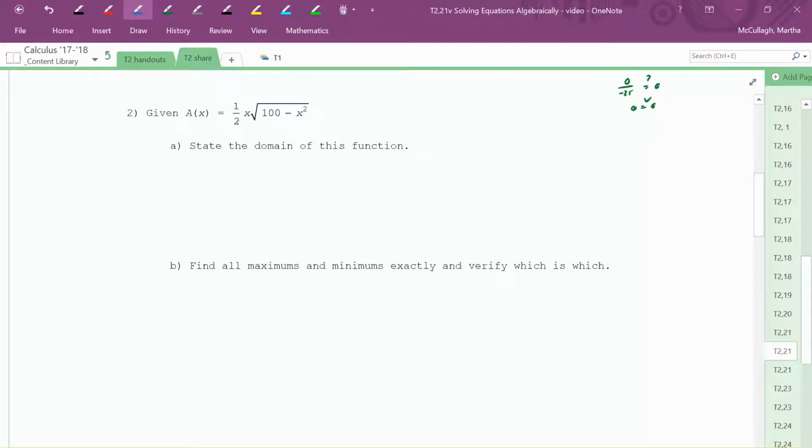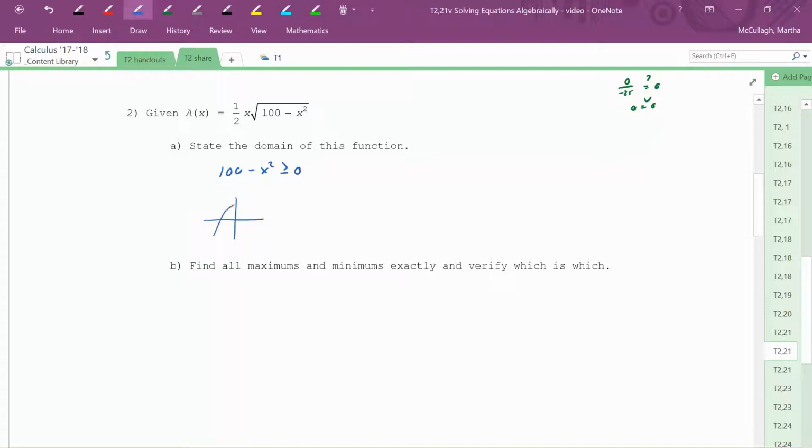Well, this first x, the 1/2 x, that's unlimited. There's no reason why I can't put anything in for that x. But the x that shows up underneath the radical sign, remember that I can only take the square root or any even root of positive numbers. So I know that this 100 minus x squared needs to be greater than or equal to 0. Well, if I think about 100 minus x squared, I know I've got a parabola.